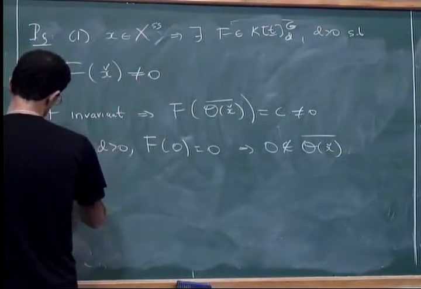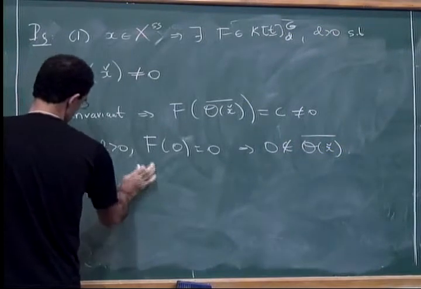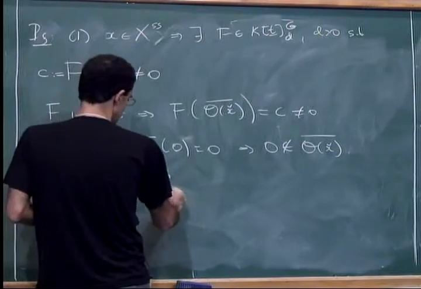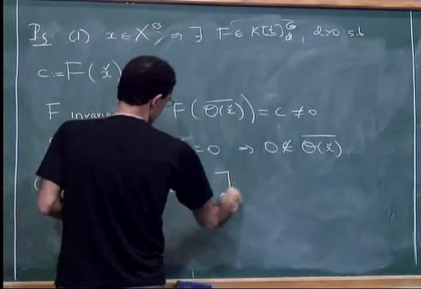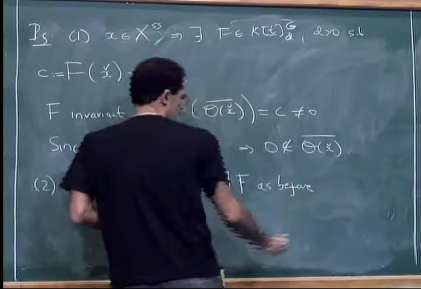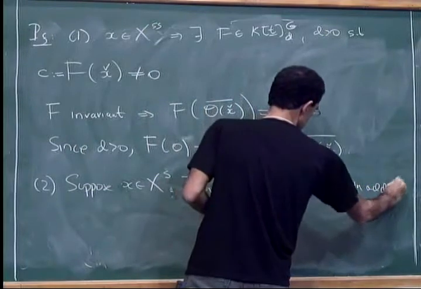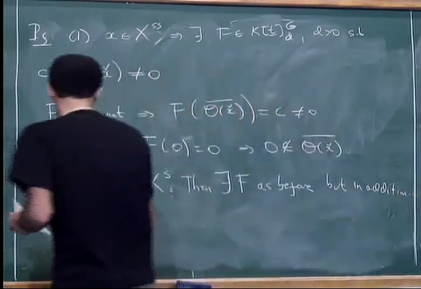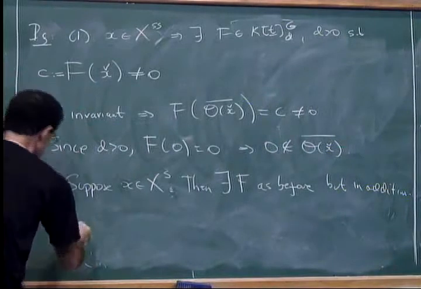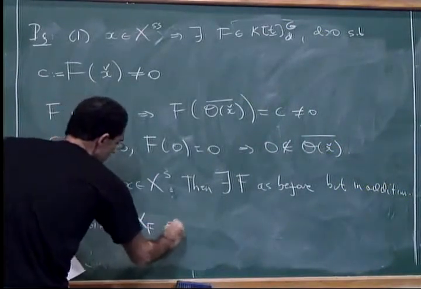So, suppose in addition, suppose X is in XS, then there is F as before, but in addition, we have that the orbits in XF are closed.